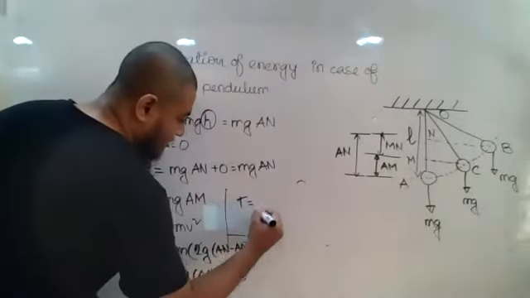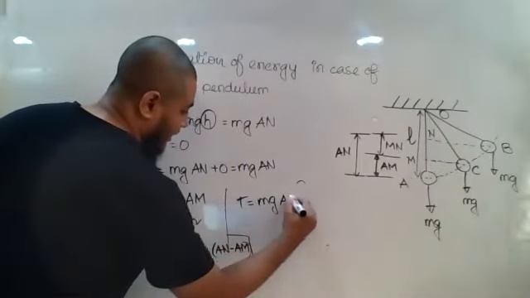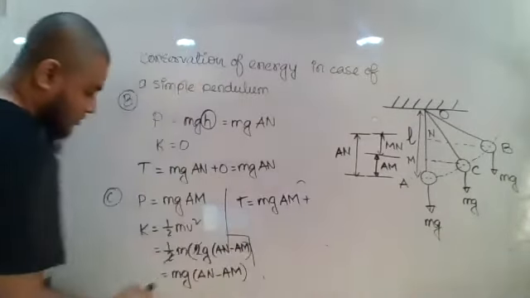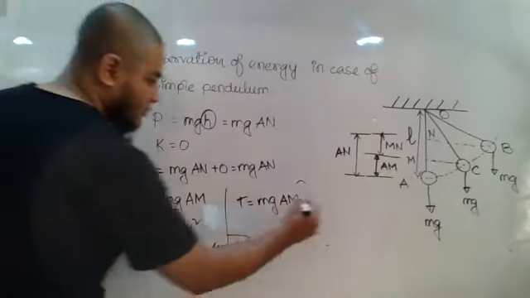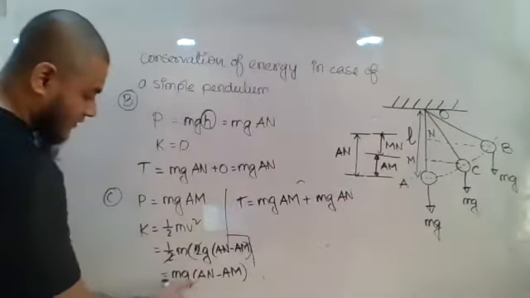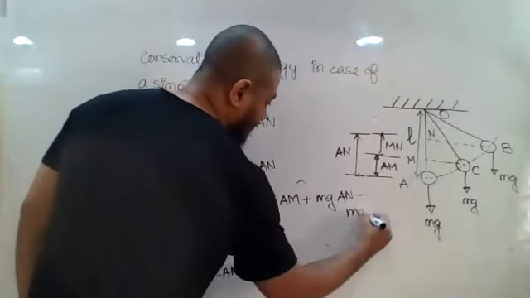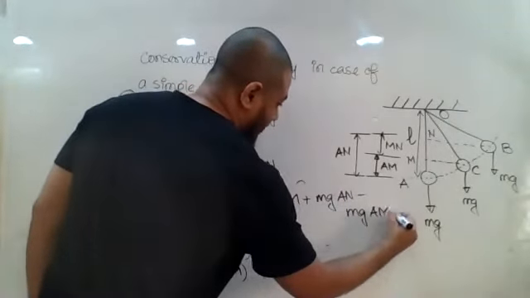Total energy I represent by T. At first I will write the potential energy mg into AM plus mg into AN minus mg into AM.